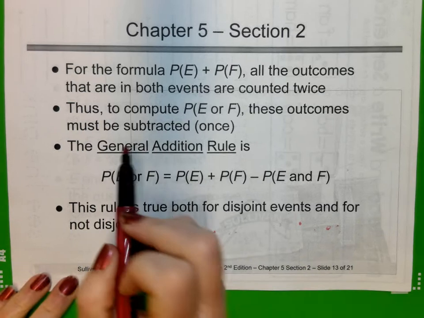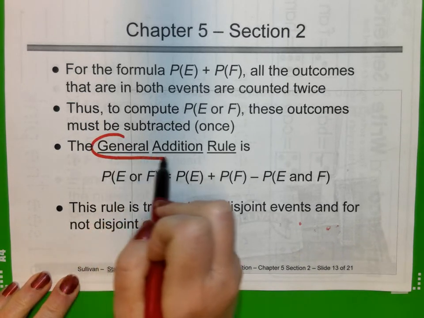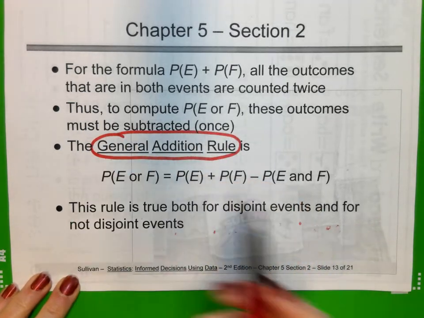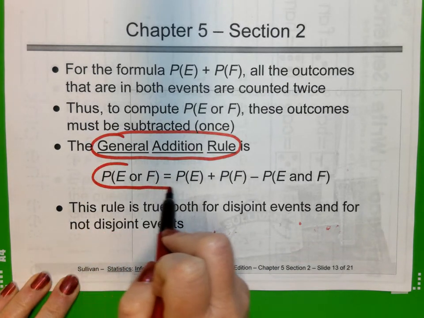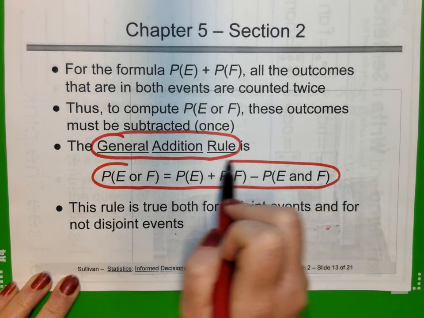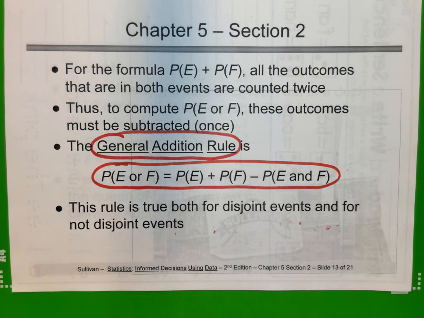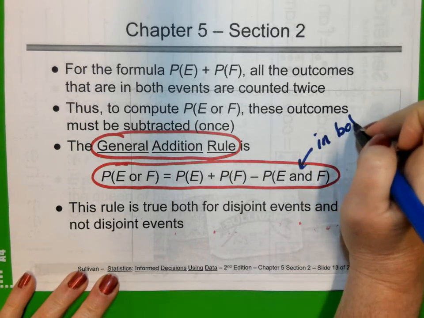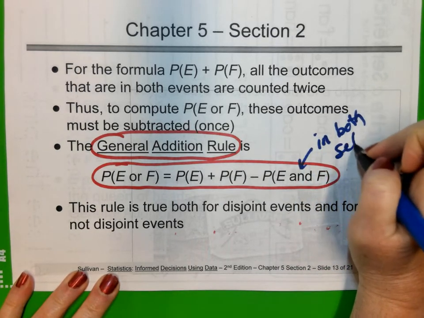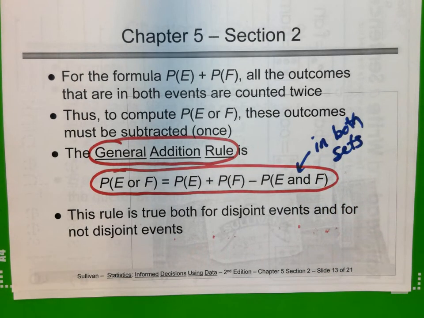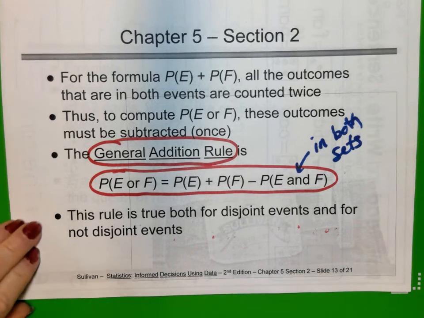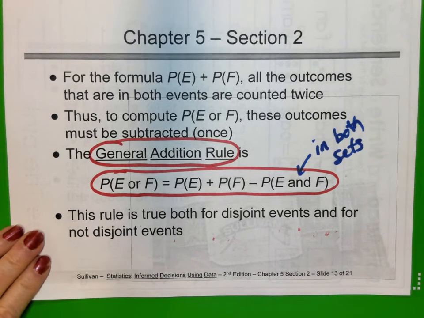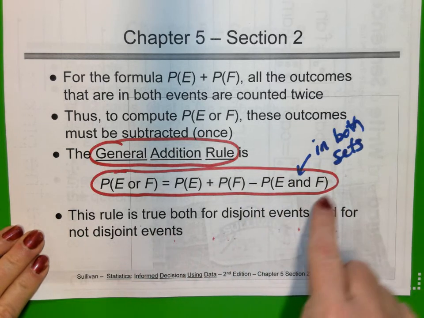So the general addition rule, key point here, says probability of E or F is the probability of E plus the probability of F minus the probability of E and F. Remember, and means in both sets. Okay, and means both. This rule is true for disjoint events and for non-disjoint events. Wait, if they're disjoint, this would be 0.